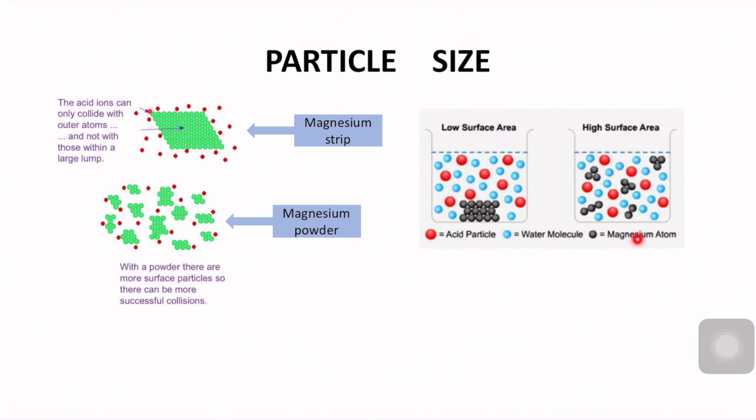However, if you are using magnesium powder and you're breaking down the magnesium strip, the red circles, or the red molecules, which are your acid particles, can react with the magnesium powder. So a higher surface area.